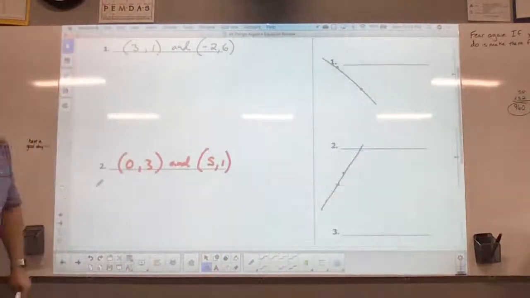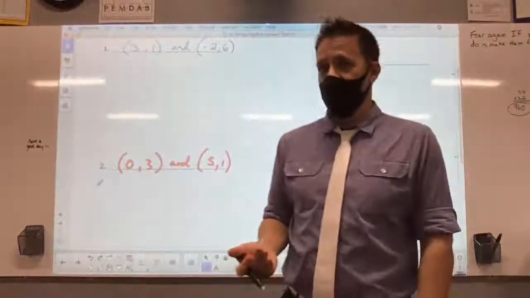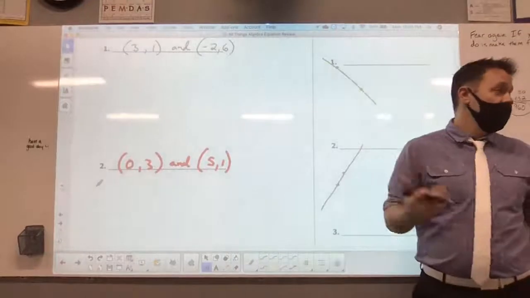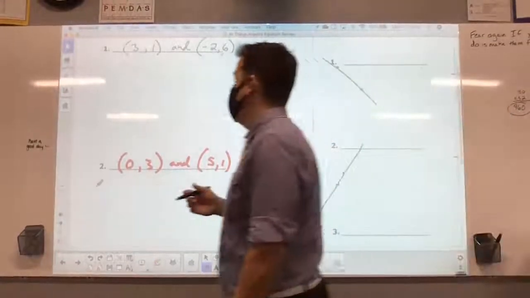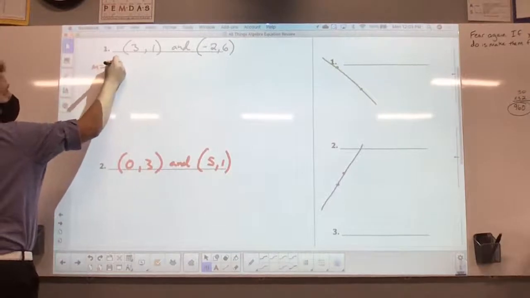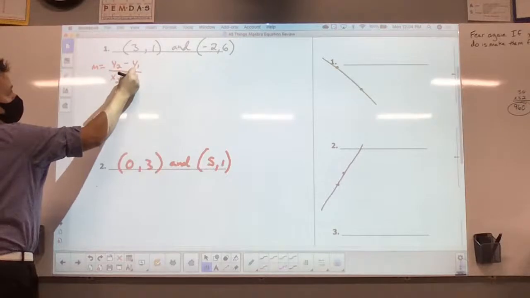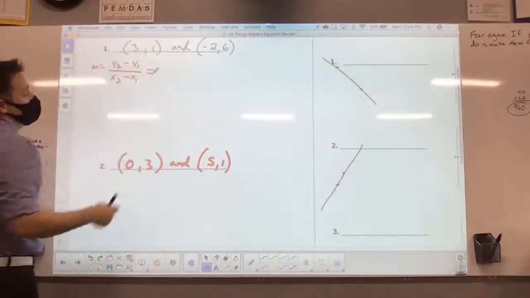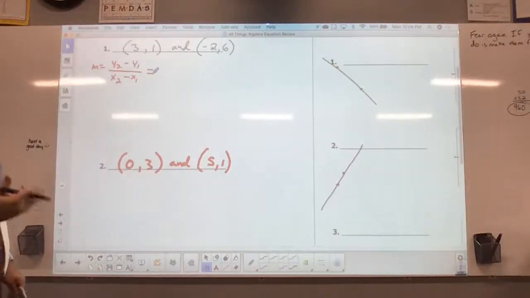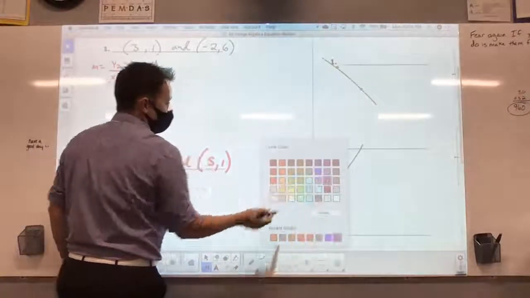All right, here's what I want. What do we need? What are we missing? The slope. So we have to start from what formula? The slope formula. y2 minus y1 over x2 minus x1. You have to be able to solve the problems, guys, or identify what is the issue, what are you missing, what are the things that you have to go for.